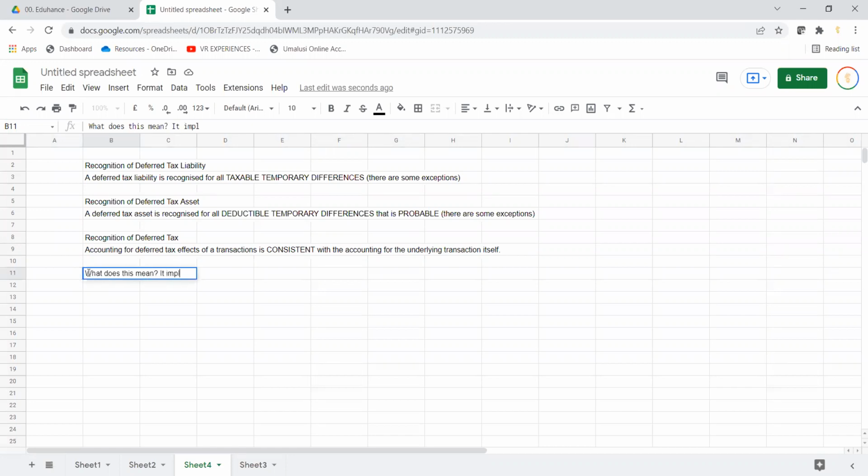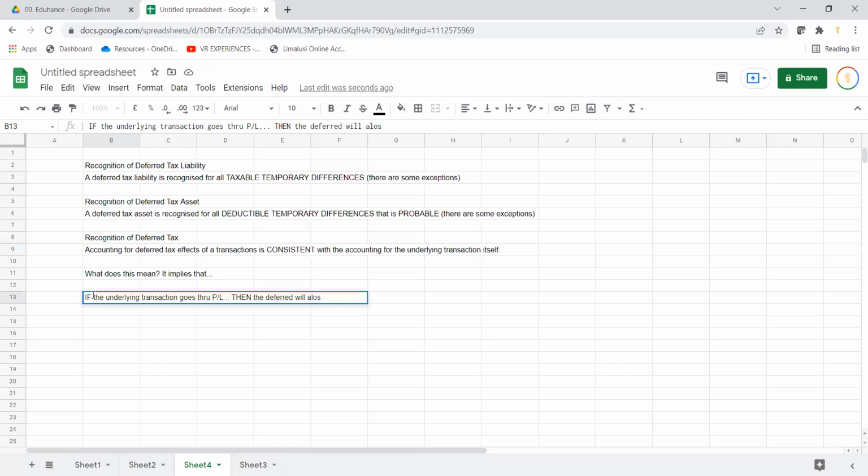It implies that if the underlying transaction goes through profit or loss, then the deferred tax will also go through profit or loss.